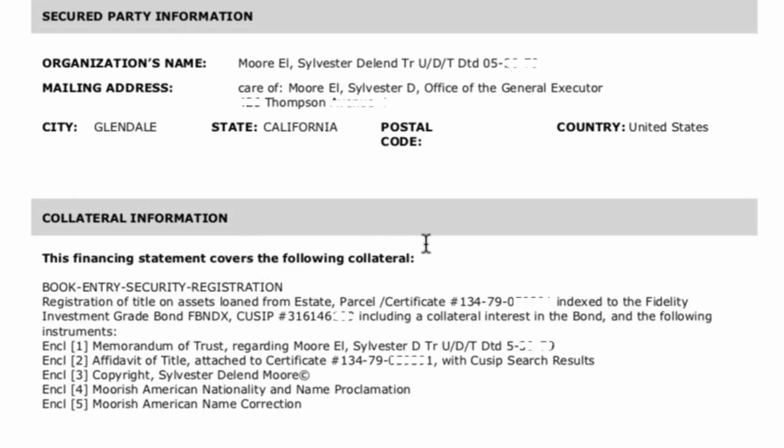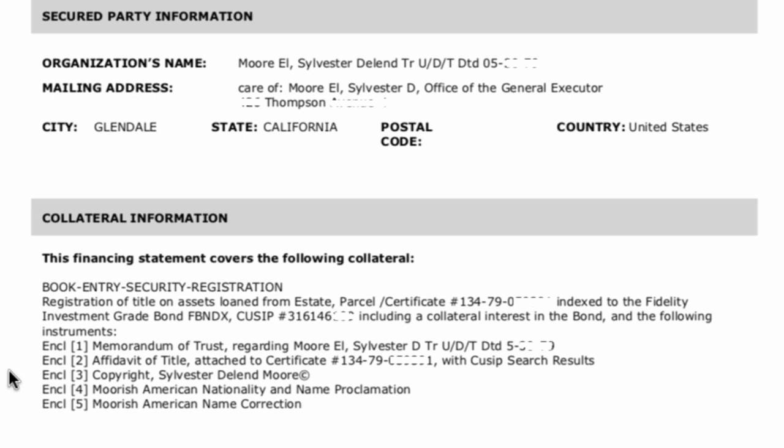Now let's look at the collateral information. These are some of the property that was secured in this initial financing statement. I had memorandum of trust. We just looked at a little short version of a memorandum of trust. I have an affidavit of title attached to the certificate of live birth with the full faith and credit. And then there were some QSIP search results attached. Then I had a copyright that was published in the newspaper, and it was a real nice one because they put the seal on it.